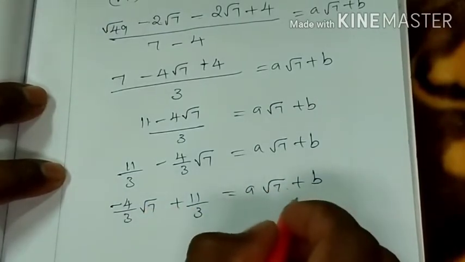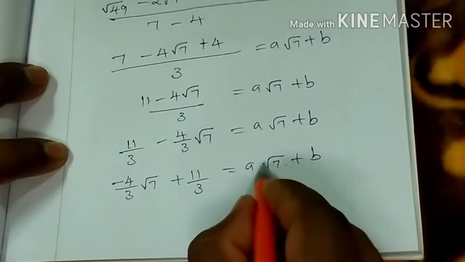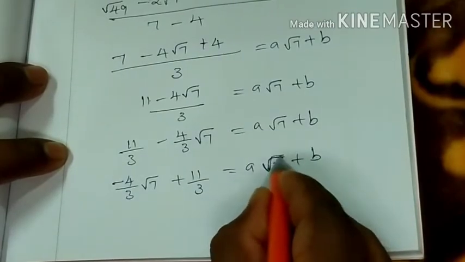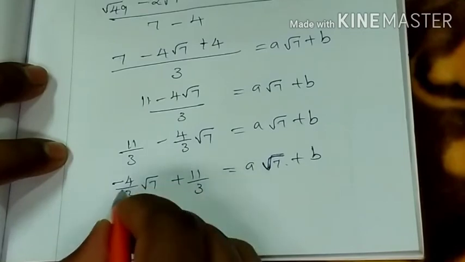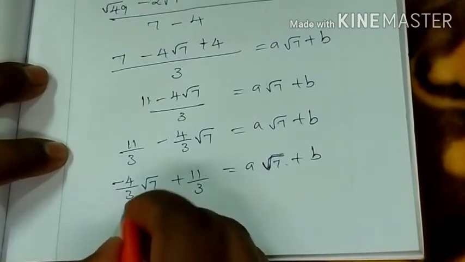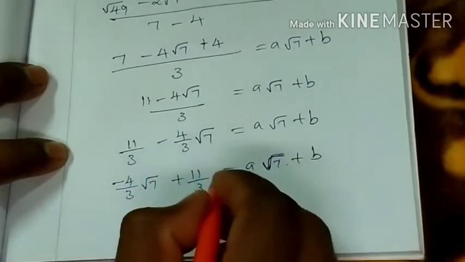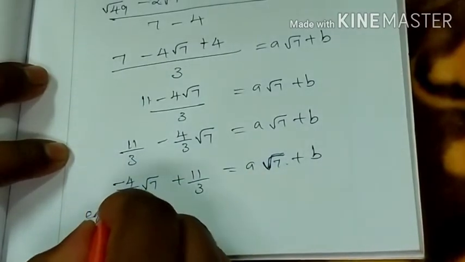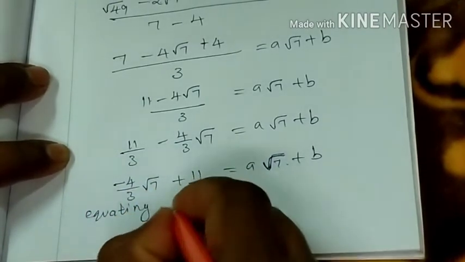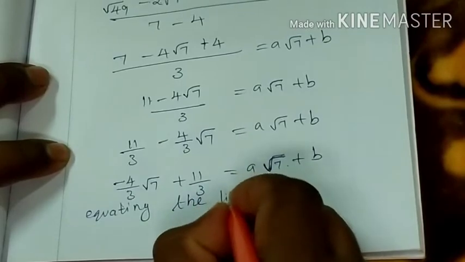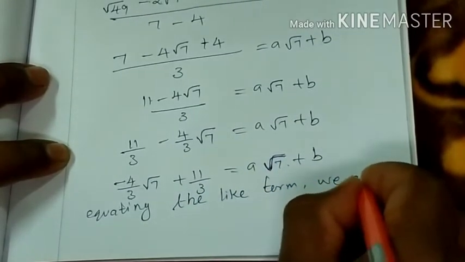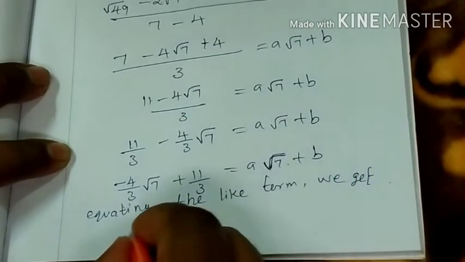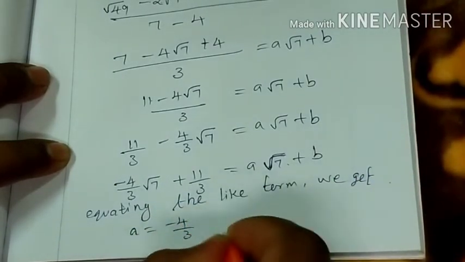Equating both the coefficients, here the root 7 coefficient is a. Here the root 7 coefficient is minus 4 by 3. Therefore equating the like terms, we get a is equal to minus 4 by 3.